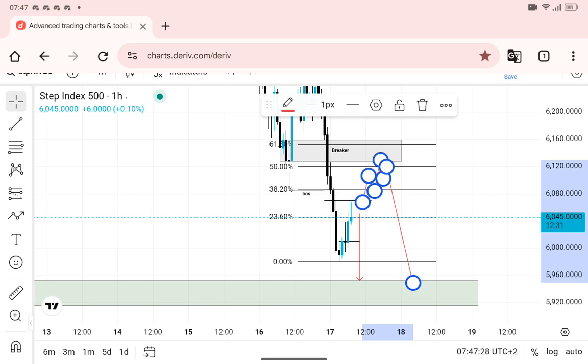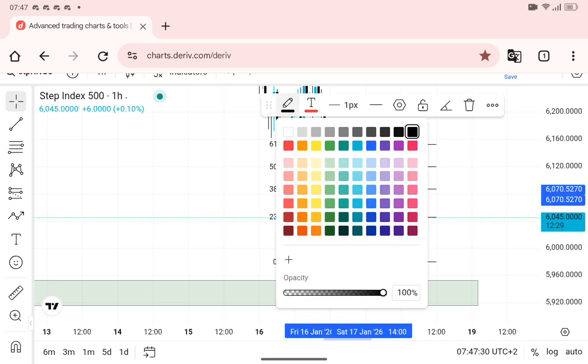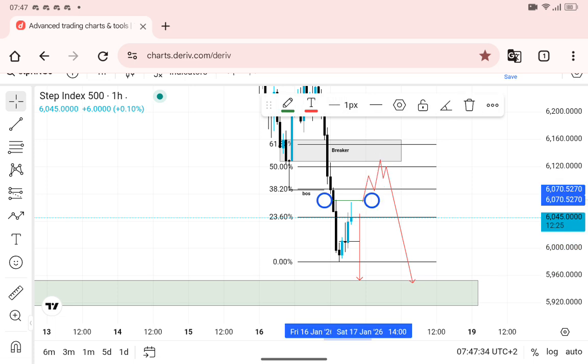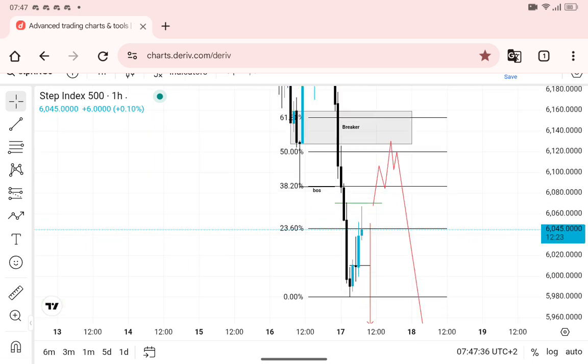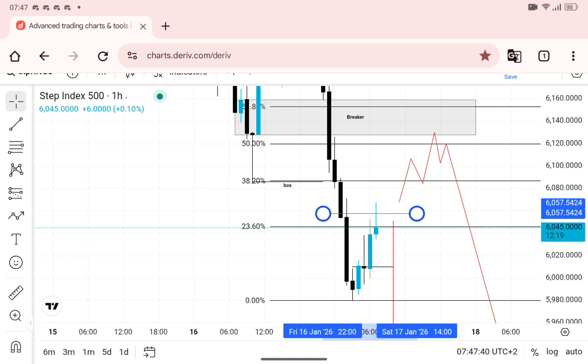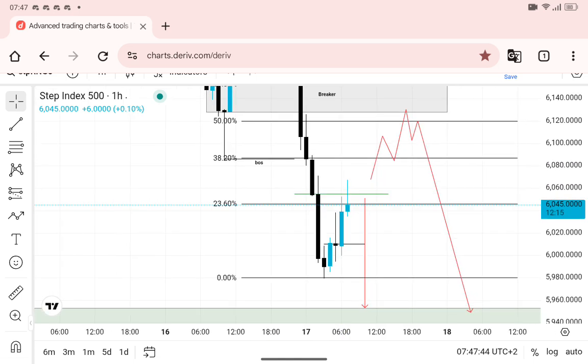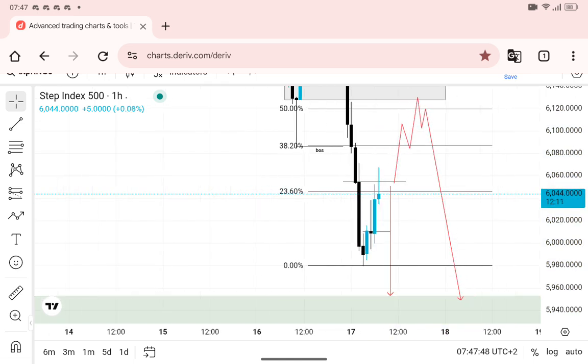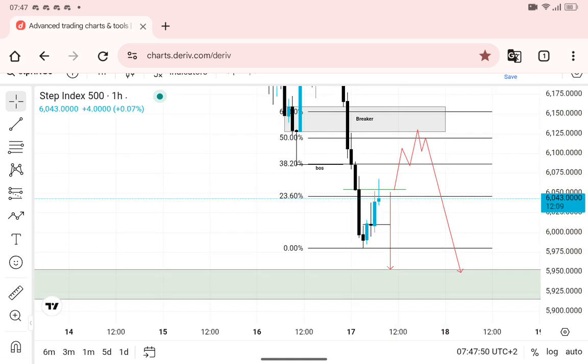So before they close above this green, you can even put it on the body. No problem in that. You can even put it on the body like that. So until they close above there, remember what I said.